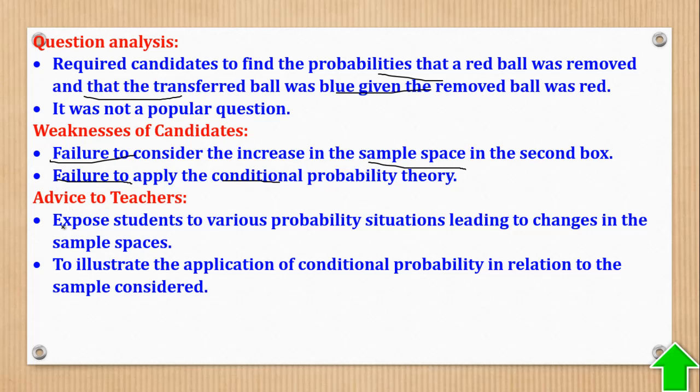So the advice is that teachers should expose students to various probability situations leading to changes in the sample spaces, and two, illustrate the application of conditional probabilities in relation to the sample considered.